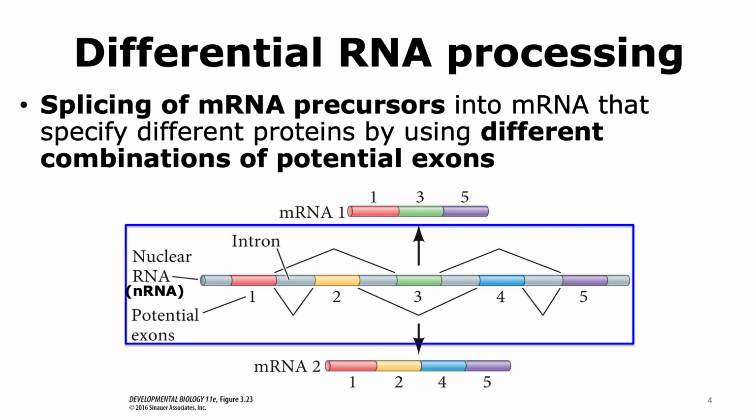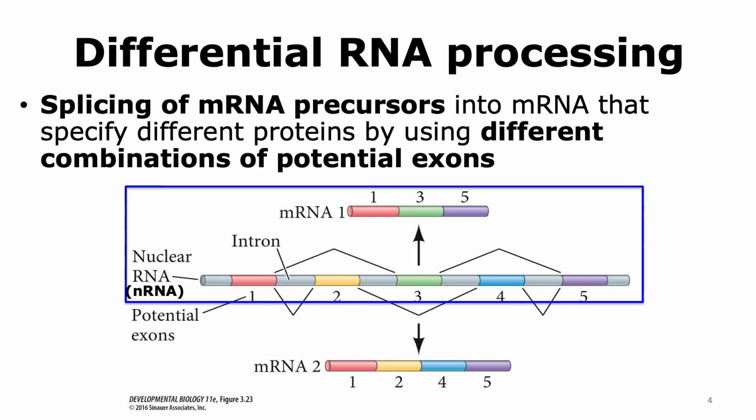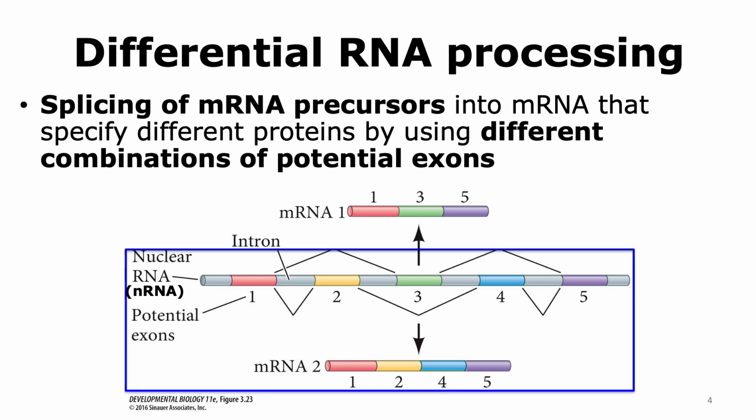Now, different combinations of potential exons can be chosen during the splicing. For example, we can have a messenger RNA that includes the exons 1, 3, and 5 joined together, or we can have another type of messenger RNA where we have the exons 1, 2, 4, and 5 spliced together.